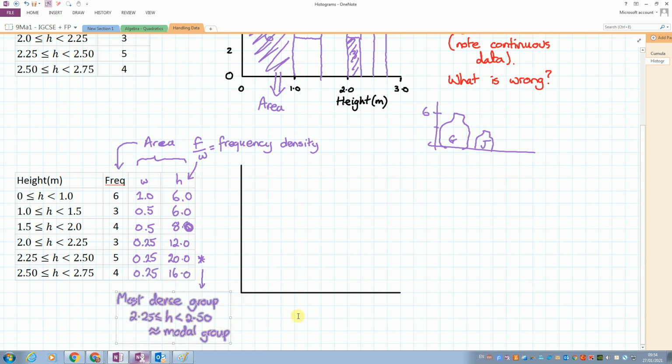Just want to move the most dense group so I'm out of the way of my graph. Put in the values we've got. So we've got 0, 1.0, 2.0, 3.0, and this is the height of sunflowers.